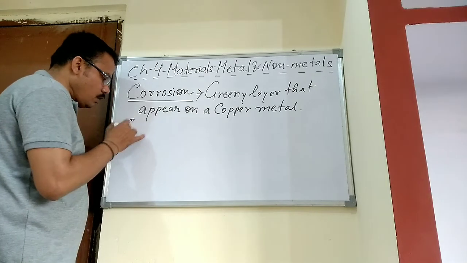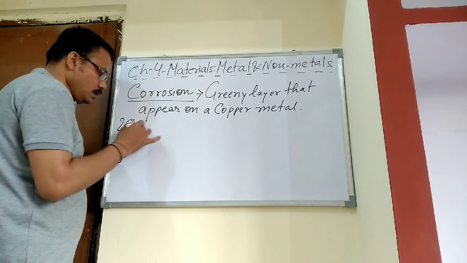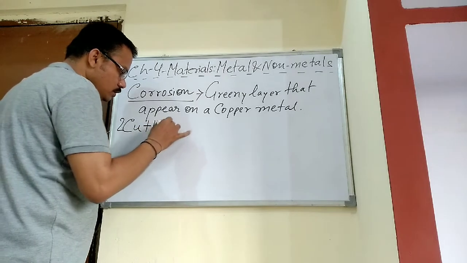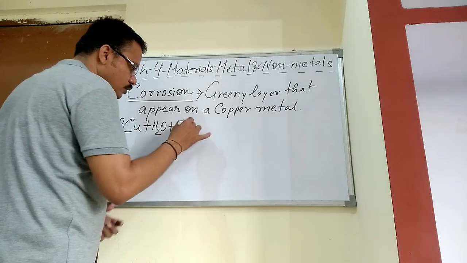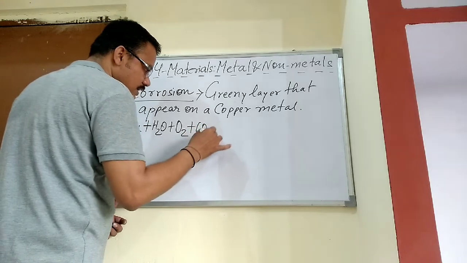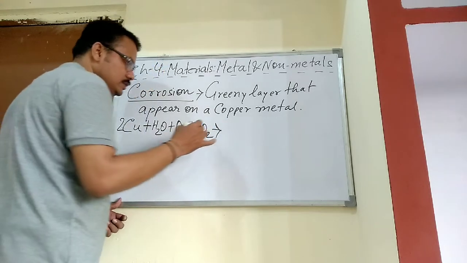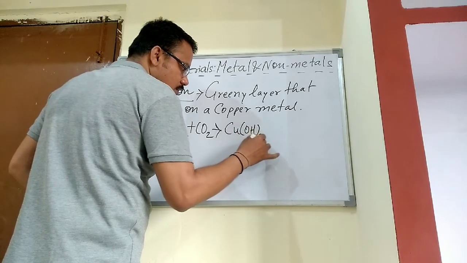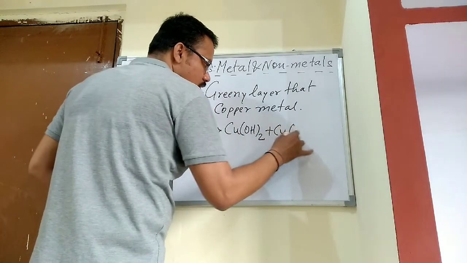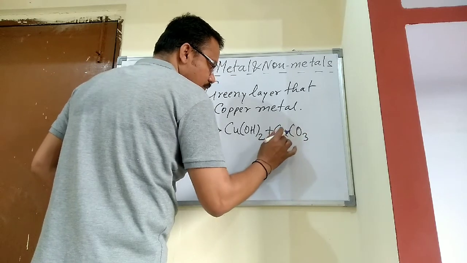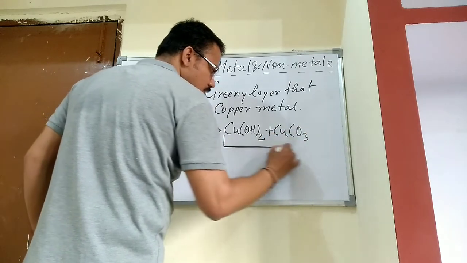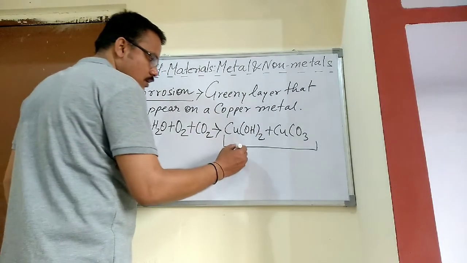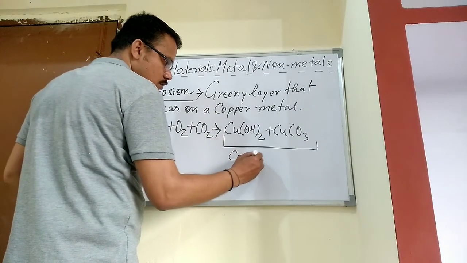Students, when copper comes in contact with water, oxygen of the atmosphere as well as carbon dioxide, it forms copper hydroxide plus copper carbonate. This together is called corrosion.